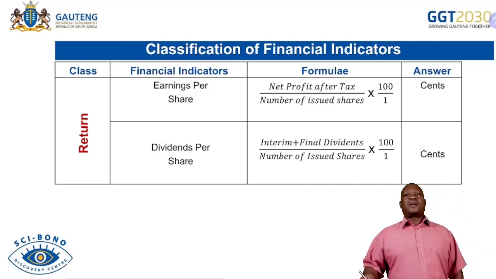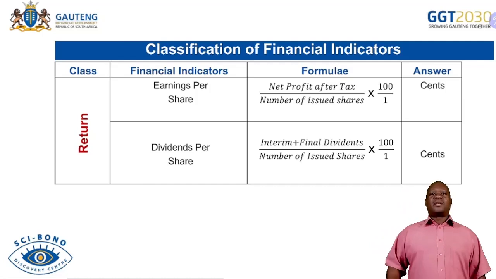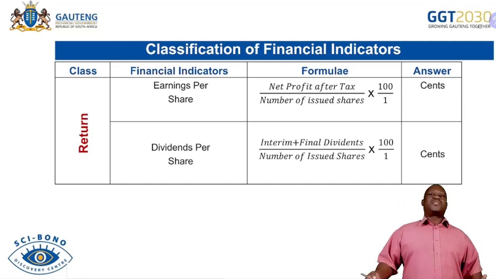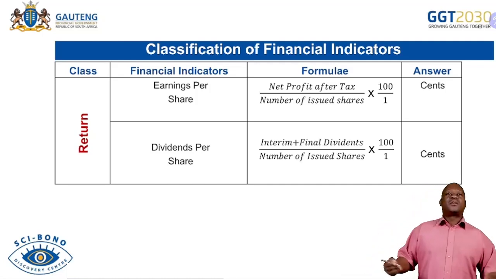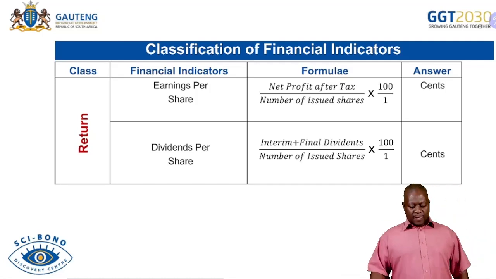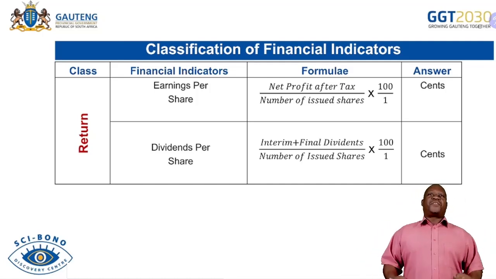So the answer that we are going to get is going to be in cents. So it's going to be 50 cents per share, it's going to be 100 cents, 300 cents, or 900 cents, depending on how much every share is contributing towards profit.